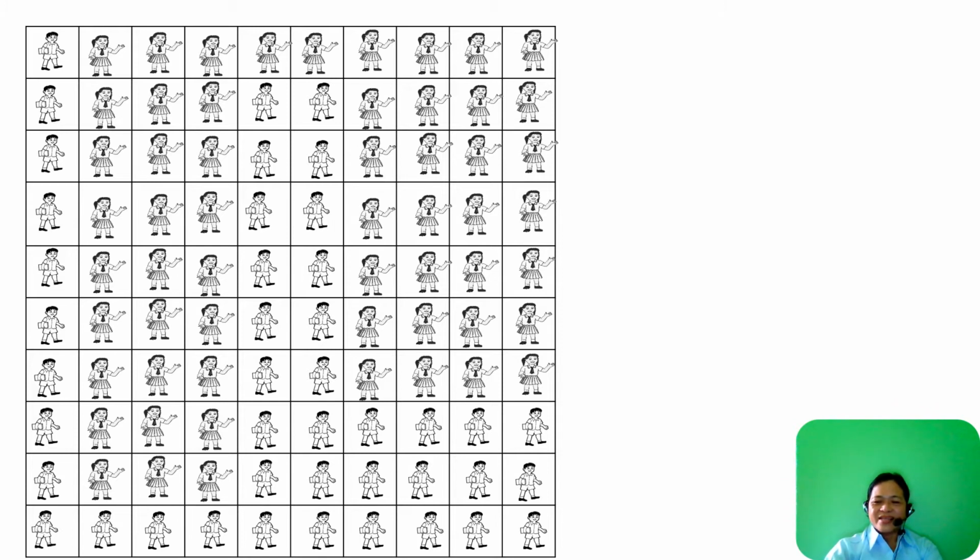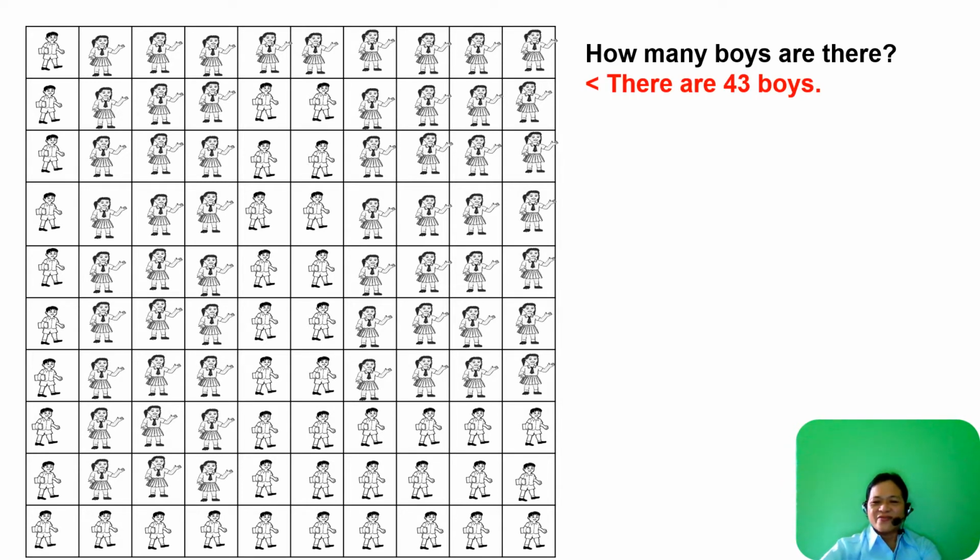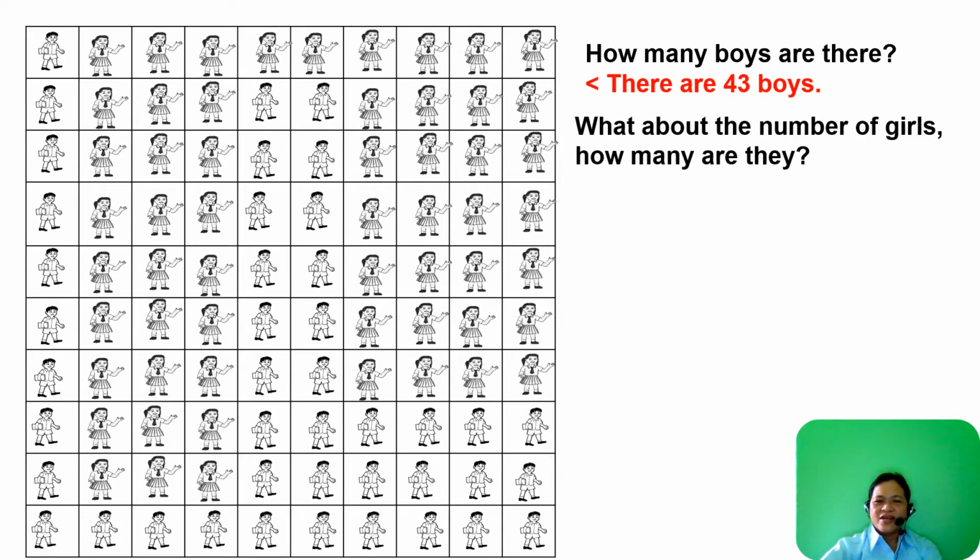Let us look at the picture again. How many boys are there? Very good. There are 43 boys. What about the number of girls? How many are they? Very good. There are 57 girls.